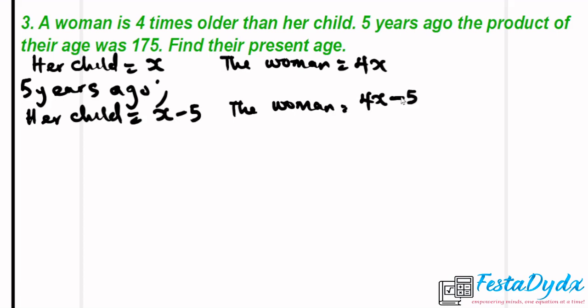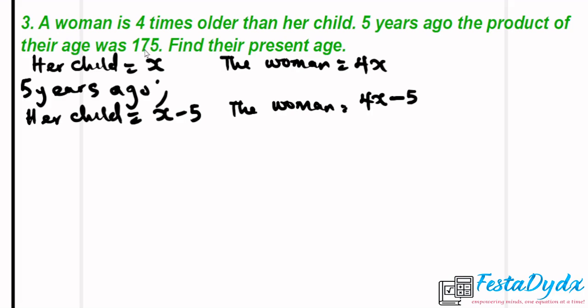So this is 5 years ago. It says 5 years ago, the product of their ages was 175. So we're going to be working with the product of their ages 5 years ago. We got the child to be x minus 5, and the woman to be 4x minus 5. So the product of these two ages will give us 175.